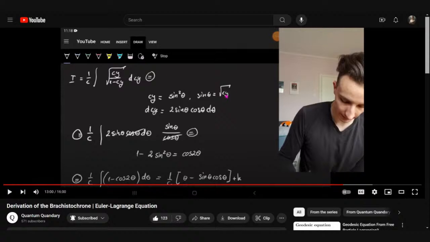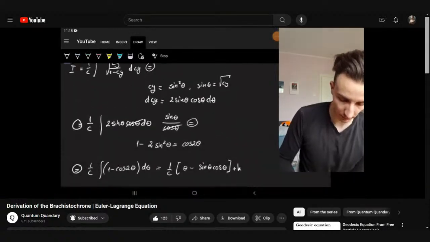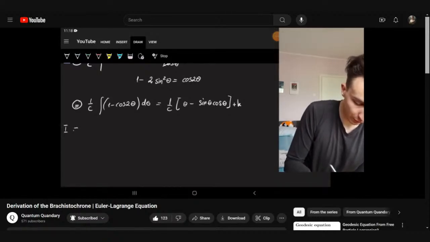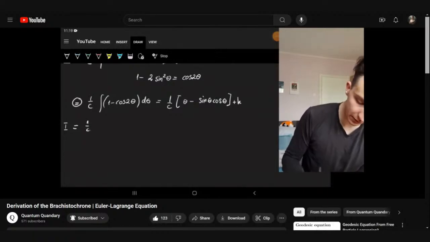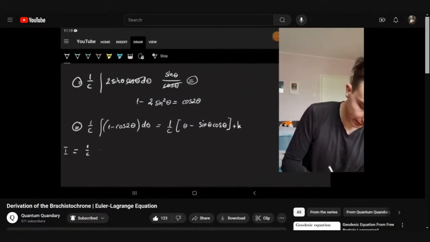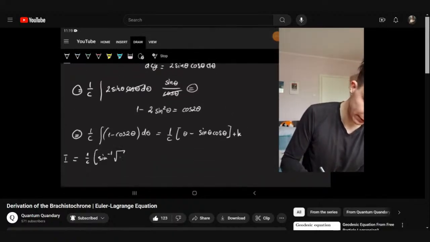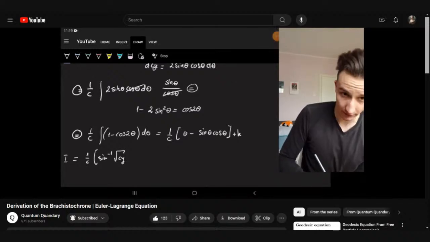So sine theta is the square root of cy. Now you can take the derivative of both sides. I don't know if that's going to help you. Cosine theta is then just the square root of 1 minus sine squared theta. So this integral with respect to cy is 1 over c. So theta is the inverse sine of the square root of cy. And then that's theta.